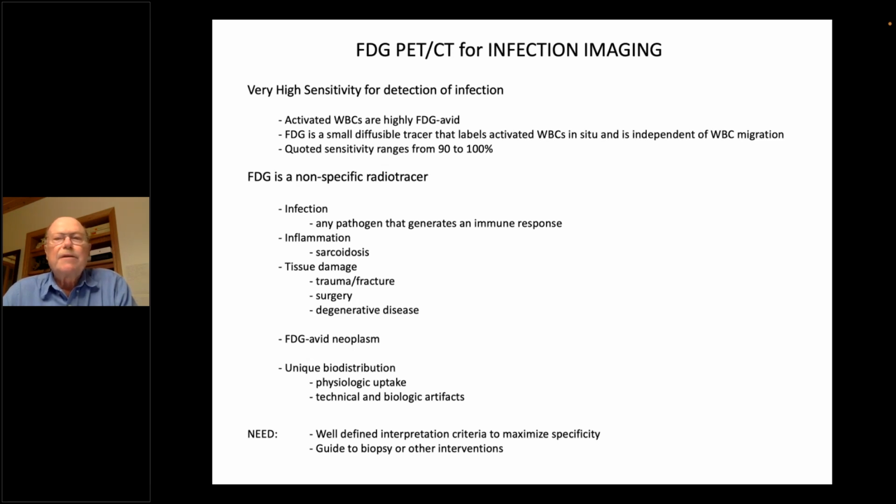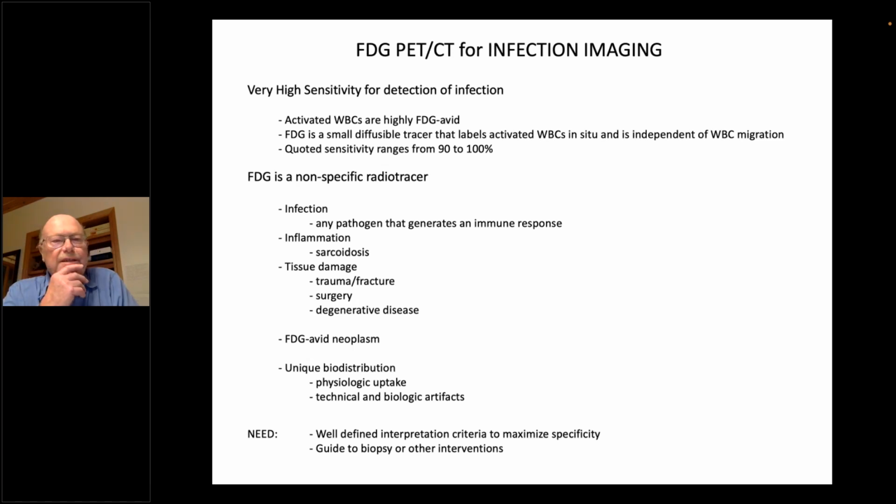It's totally independent of white cell migration, and white cell migration is limited in high pressure areas such as the spine and the intramedullary cavity in the case of osteomyelitis.